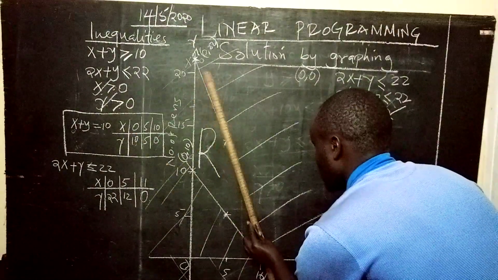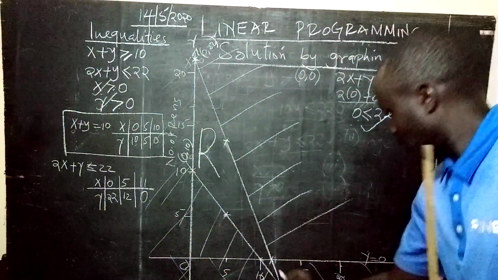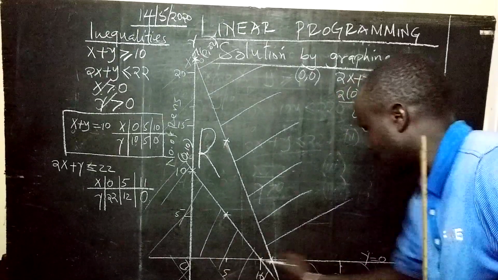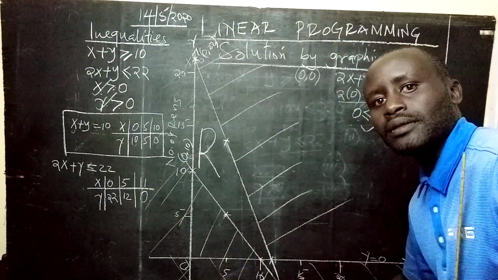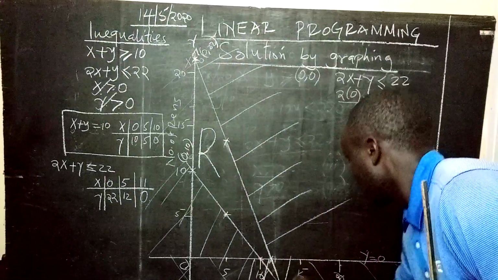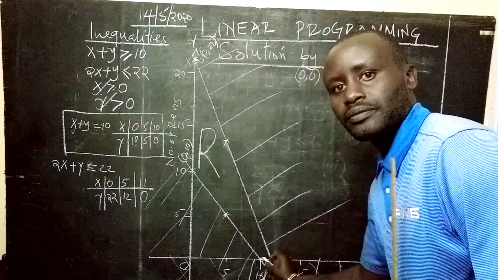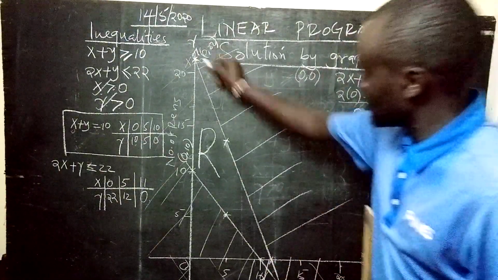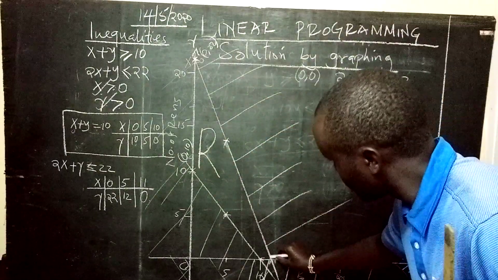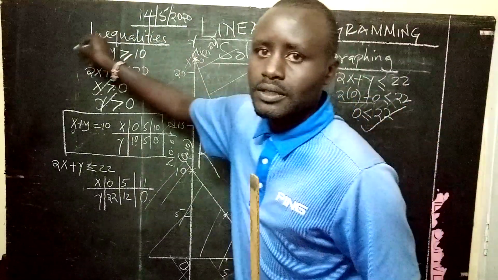Remember that this is an extension of this line, but this point is not included because below this line, below this x-axis, all this region is unwanted. Meaning we have 2 points here. So this is our region which satisfies all these inequalities.